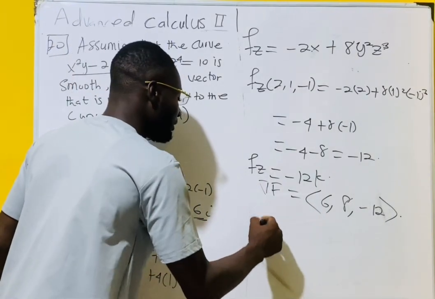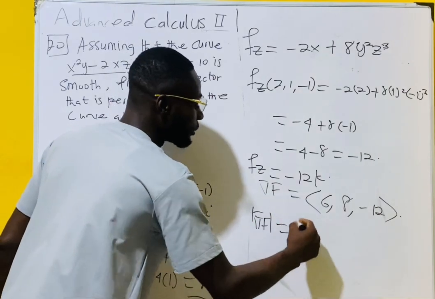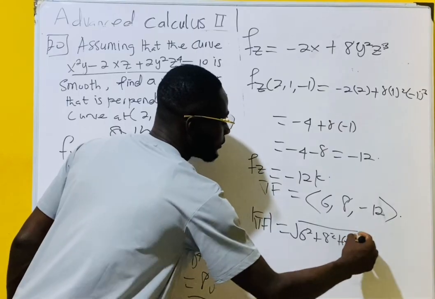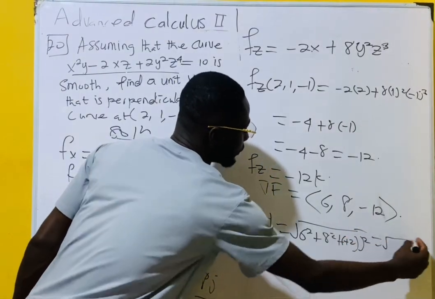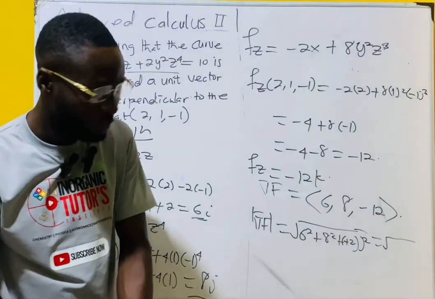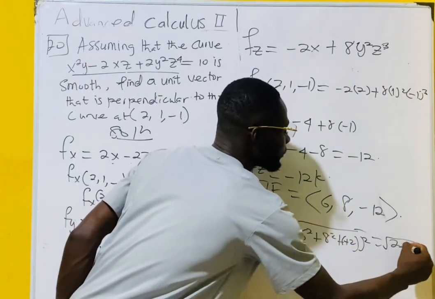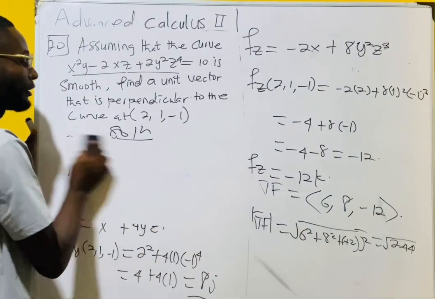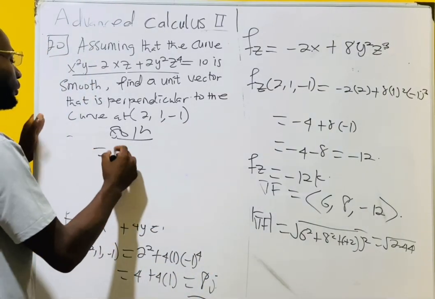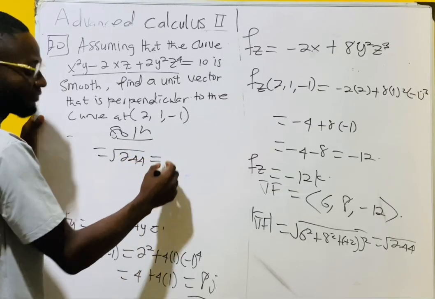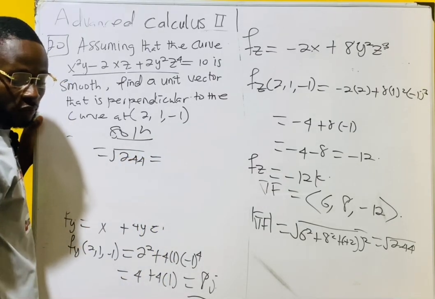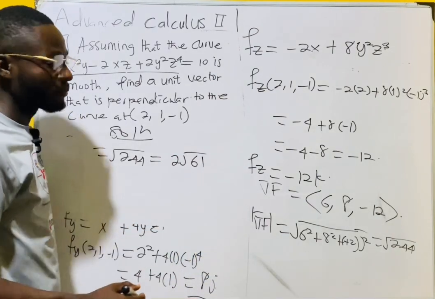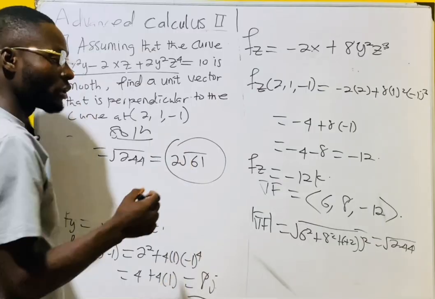So the magnitude will be equal to the square root of 6 squared plus 8 squared plus negative 12 squared, and that is equal to the square root of 244. The square root of 244 can be simplified to 2 times the square root of 61. Okay, so this is our magnitude.